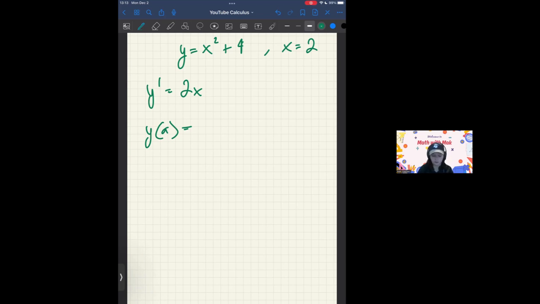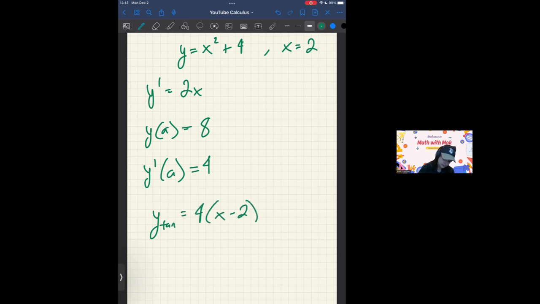So 2 squared is 4, plus 4 is 8. And we now need y prime of a, which is still the same as before, right? 2 times 2 is 4. So now we have y tan equals 4x minus 2 plus 8. And here's why.